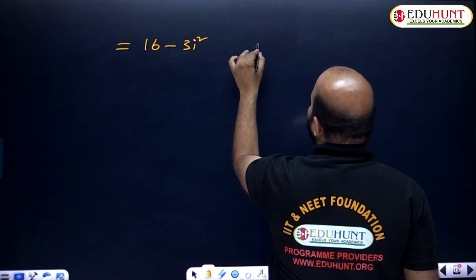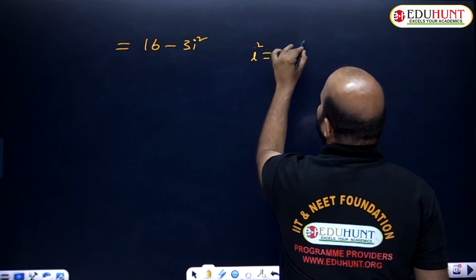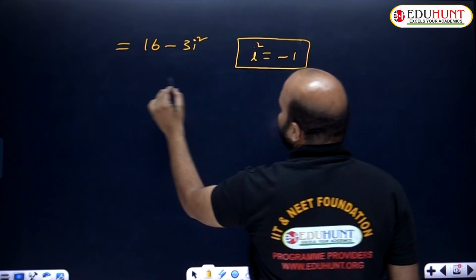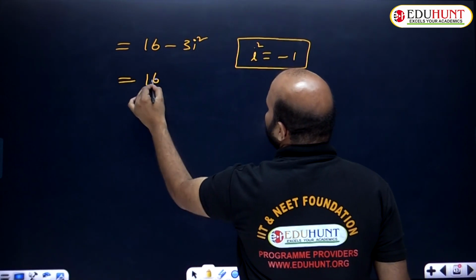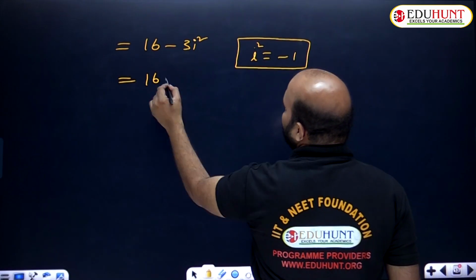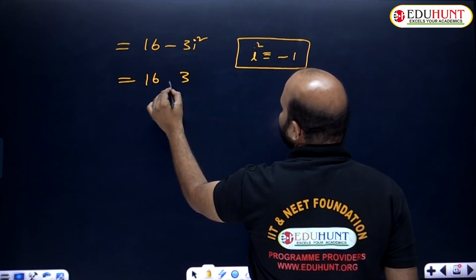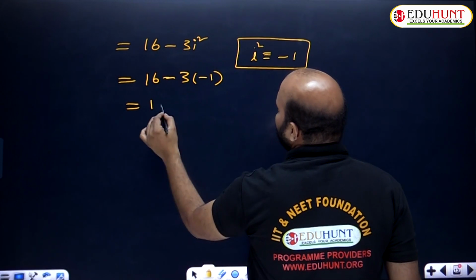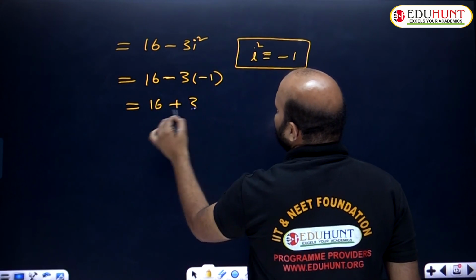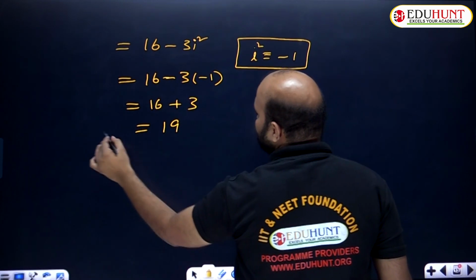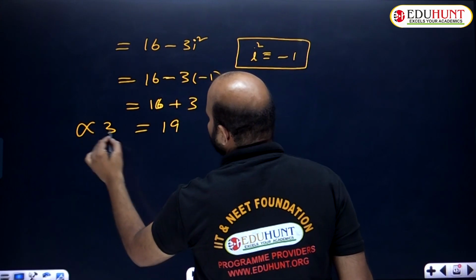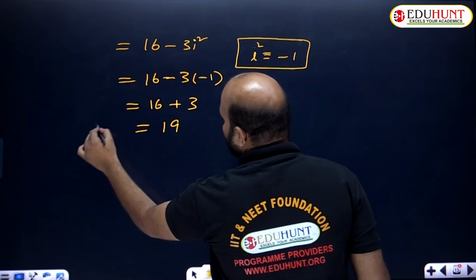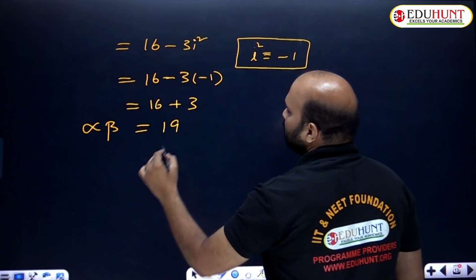We know that the i square value is minus 1 in complex numbers. Putting that in place of i square, it can be written as 16 minus 3 into minus 1. So 16 plus 3 equals 19. So that is the alpha into beta value, 19.